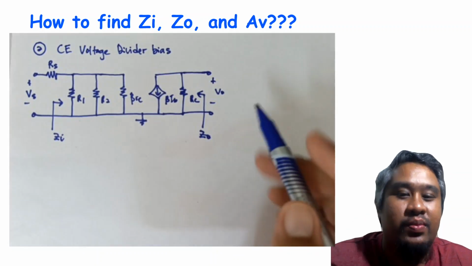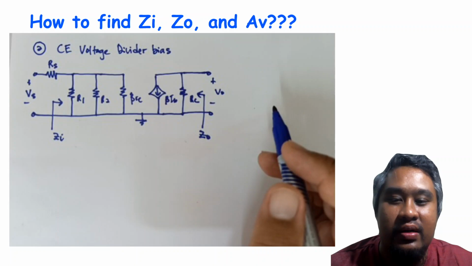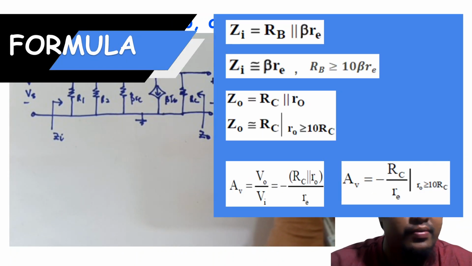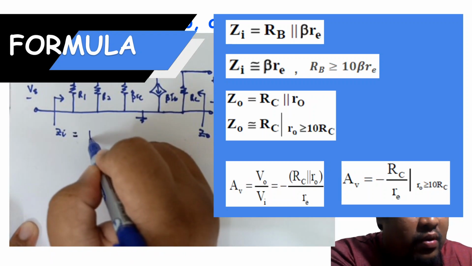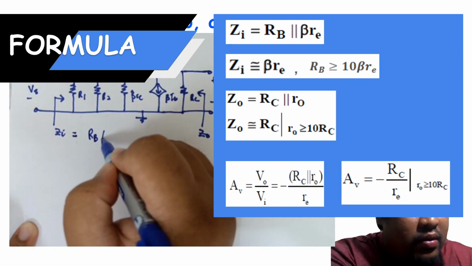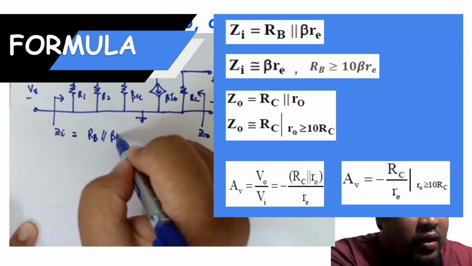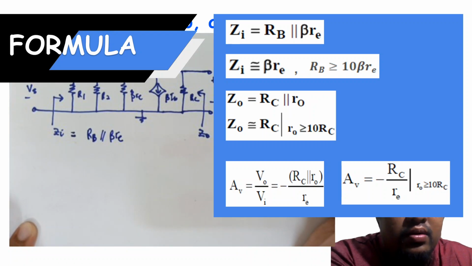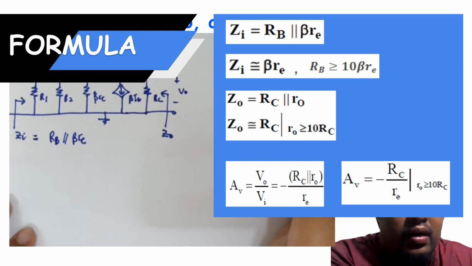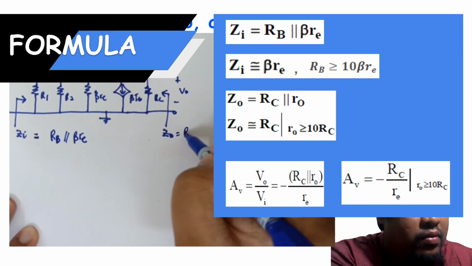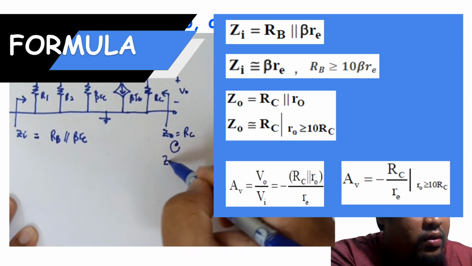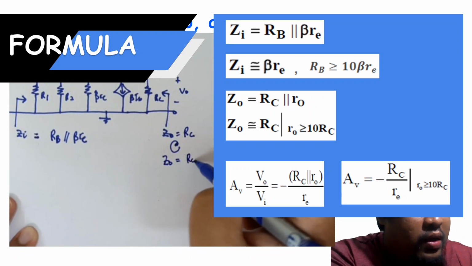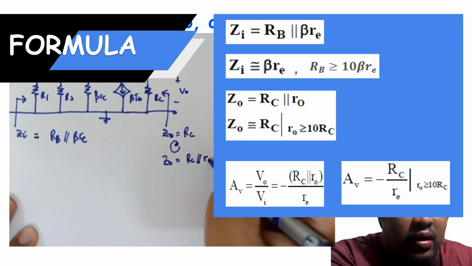Just using the same formula. What we have now: ZI equals RB parallel with beta RE, and Z out equals RC parallel with RO.